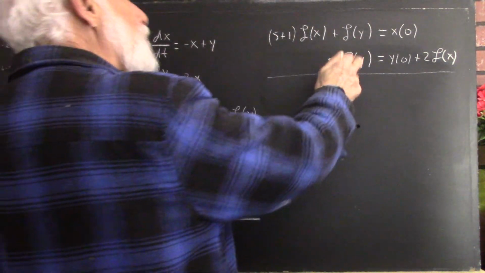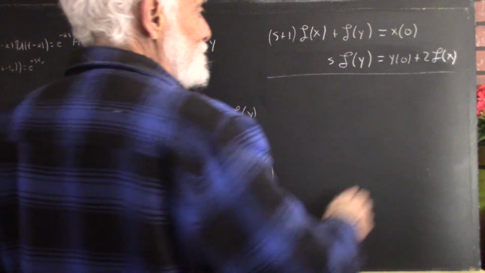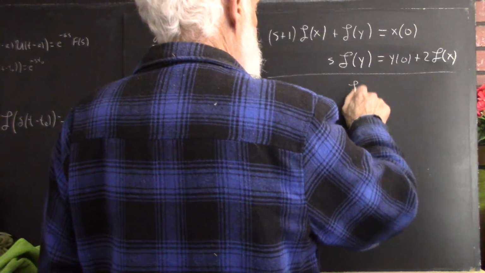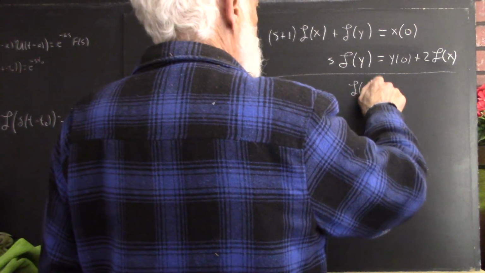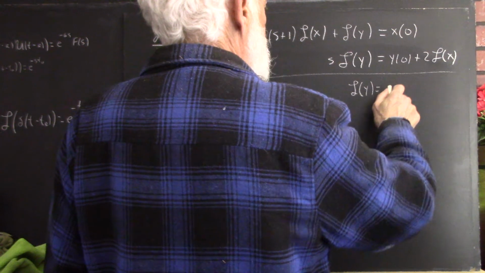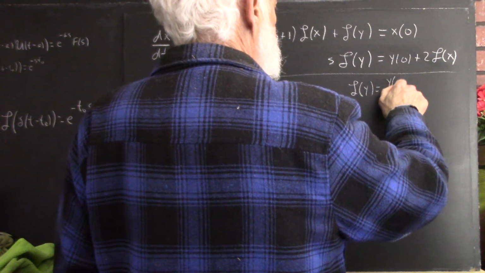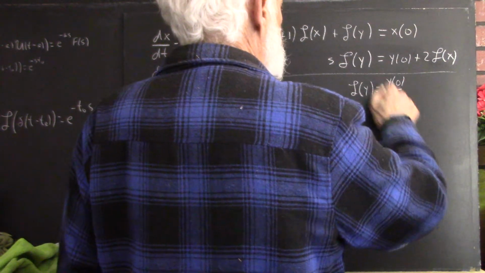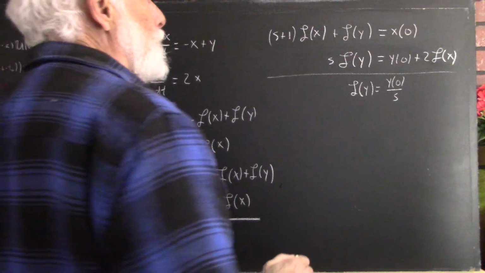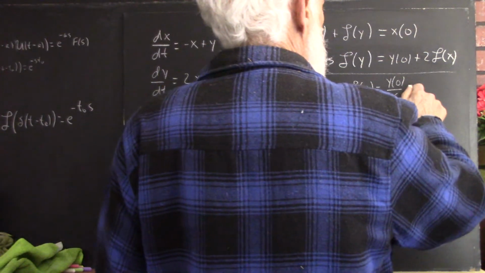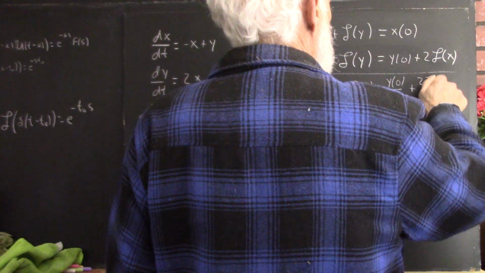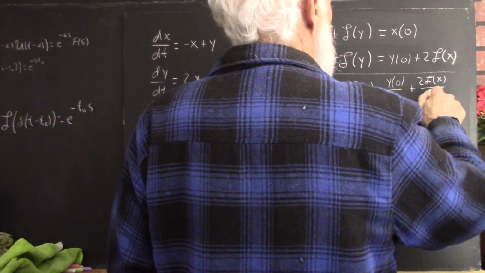So now when we solve this for y, we get L of y equals, and I'll do it in two terms because that's the way it's going to come out here, y of 0 over s plus 2L of x over s.